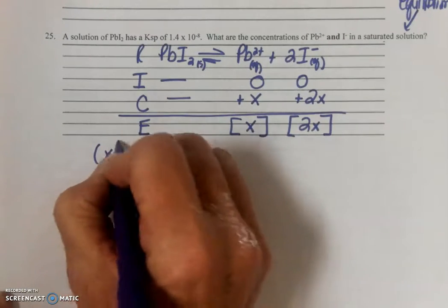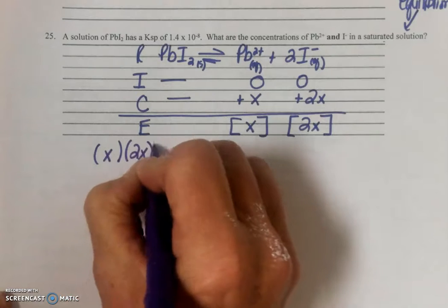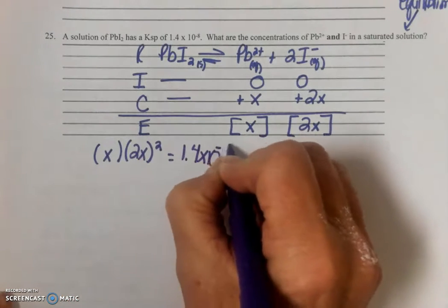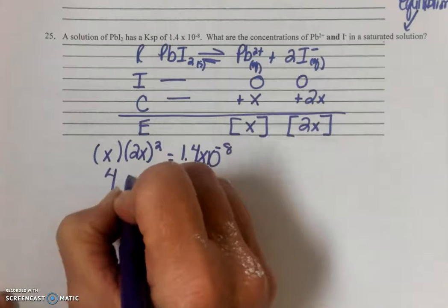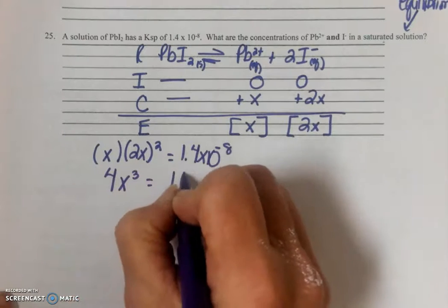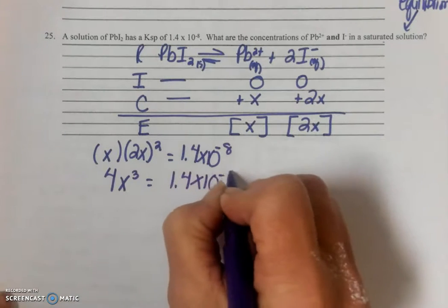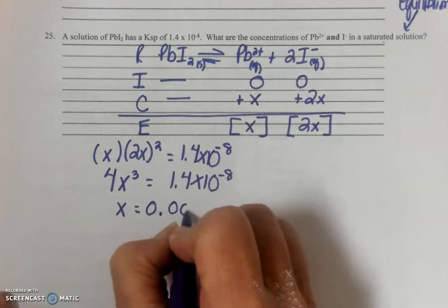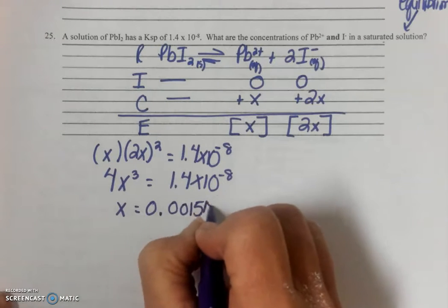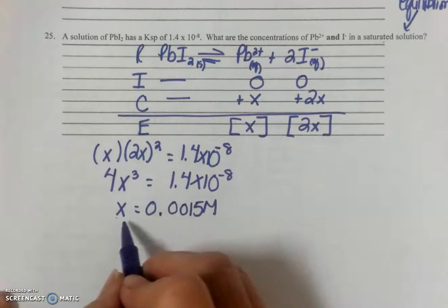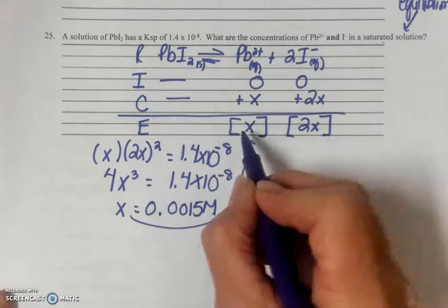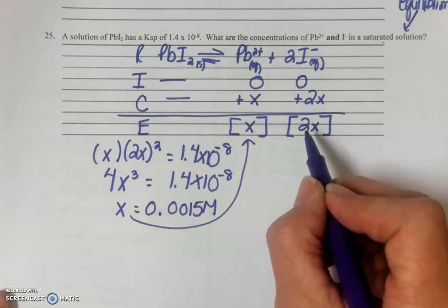I know that x times 2x squared is 1.4 times 10 to the minus 8. 4x cubed is 1.4 times 10 to the minus 8, and x is equal to 0.0015 molar. So I've got to plug it in here. These are my equilibrium concentrations of my ions.